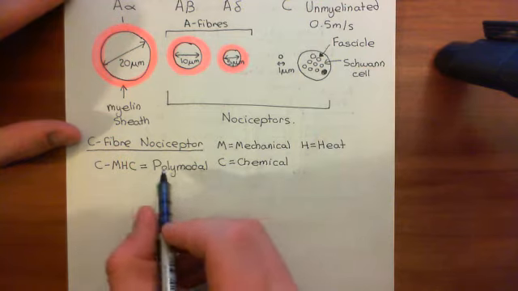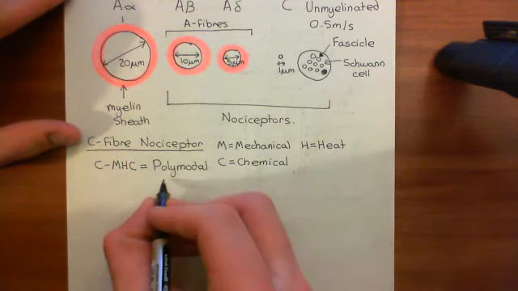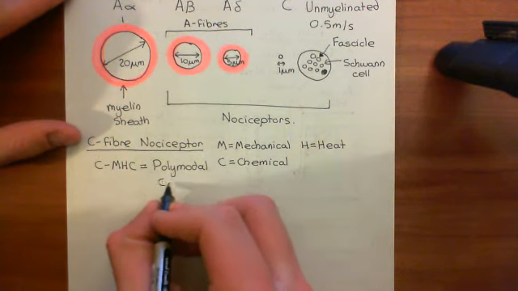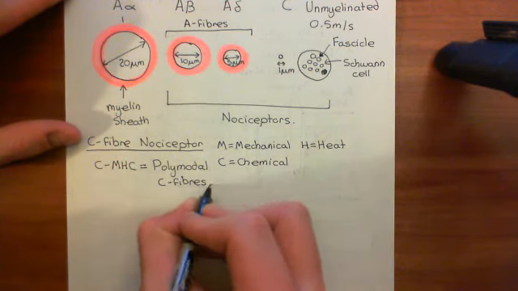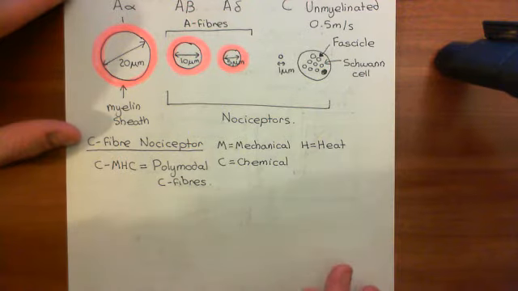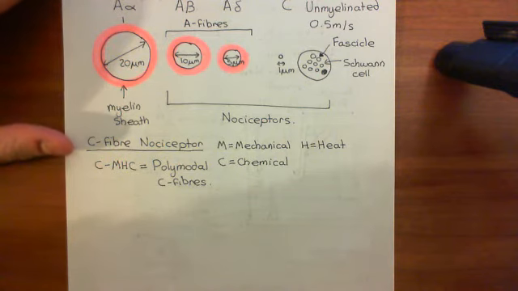So it will basically respond to many different stimuli. These are the most common types of C fiber nociceptor that you find, C fiber nociceptors which respond to all forms of noxious stimuli.